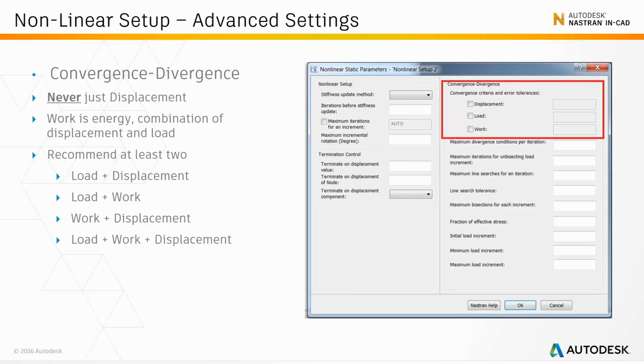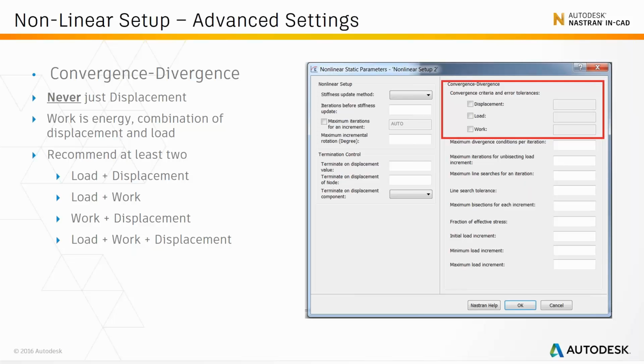The one area that I will point out to you is the convergence divergence area, where you're given the option to choose what attributes you would like to converge for. In this case, the one thing to be aware of is never just use displacement on its own.